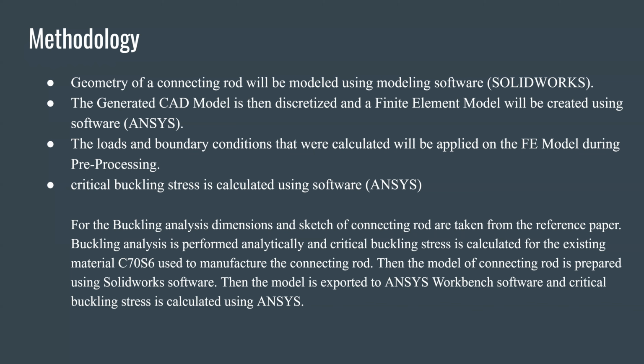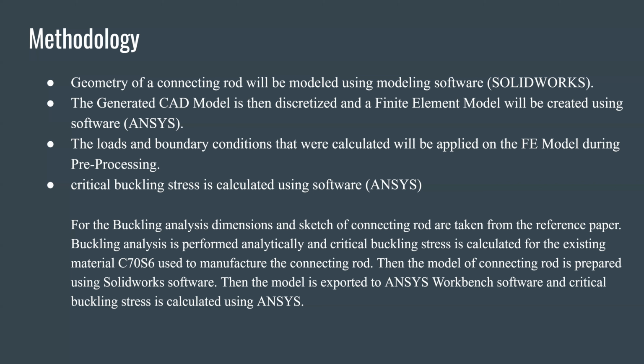Also, we look at the buckling that happens in the connecting rod. We have set the minimum load and boundary conditions to be applied to find the total deformation in the connecting rod. So we will calculate the critical buckling stress using the ANSYS software.